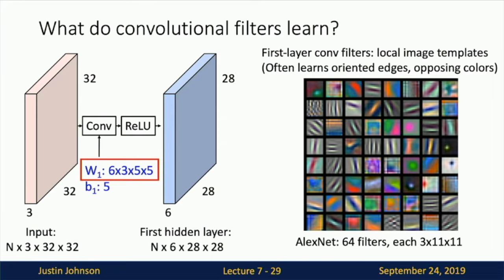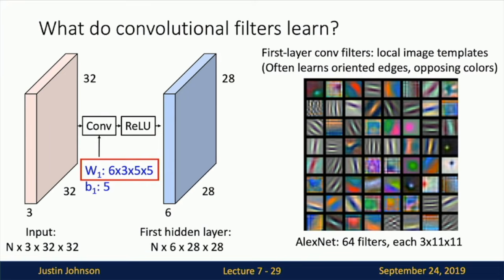Another thing that's very common to see in convolutional network filters is these opposing colors. We can see that some of these filters have a green blob next to a red blob, and that's somehow looking for opposing colors in a particular orientation in the image. So then the interpretation of the feature map after we apply this first convolution operation is that each of the activation maps in that 3D output tensor gives the degree to which each position in the input image responds to each of these 64 filters.